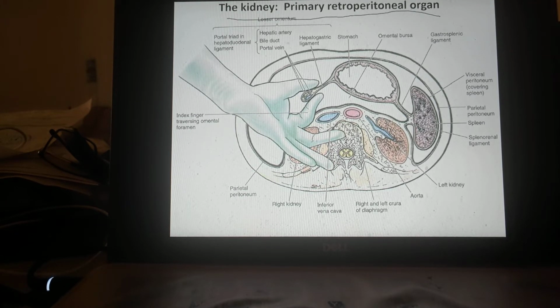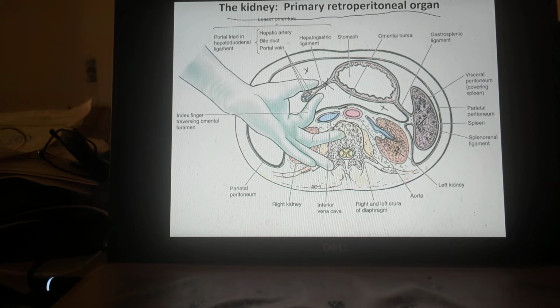So here are the kidneys. Here is the left kidney. As you see, here is the parietal peritoneum, and here is the visceral peritoneum. Here is the greater sac. Here is the lesser sac. Here is the spleen.